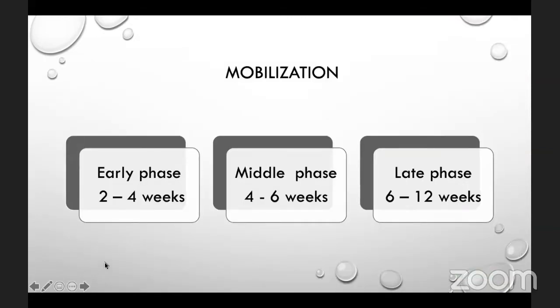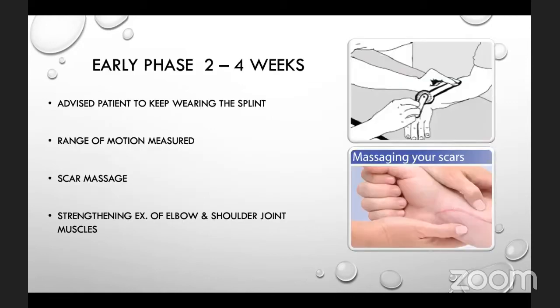Now in the mobilization phase, I divided it into three parts: early phase, middle phase, and late phase. Early phase was for 2 to 4 weeks, then 4 to 6, and 6 to 12. Now you will see how exercises changed in all those phases. In the early phase, 2 to 4 weeks, I advised my patient to keep wearing the splint. With goniometry, I measured active range, you can see on the right side bottom, and his elbow and shoulder were not involved.